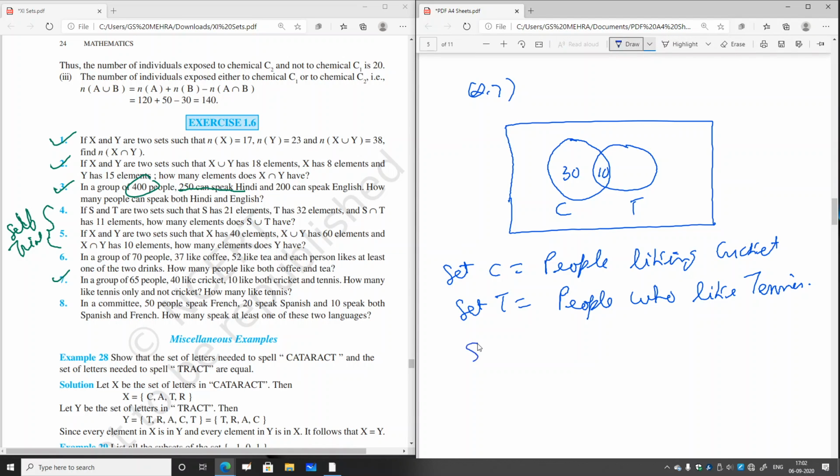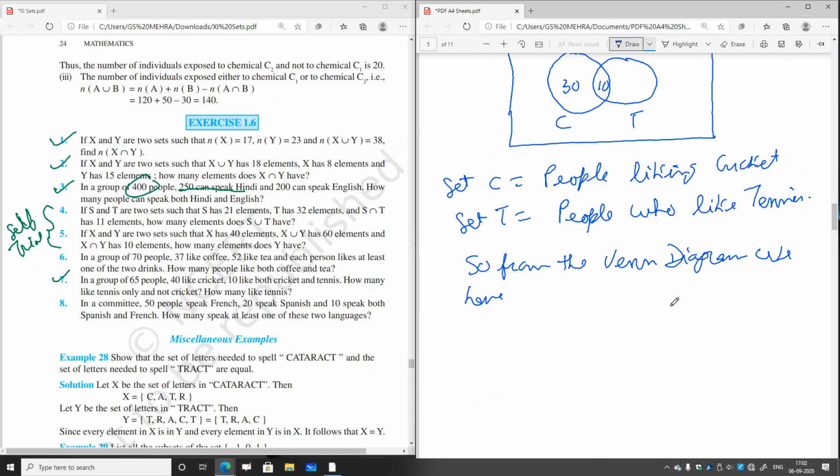So from the Venn diagram we have the number of elements in the union of C and T, that is n of C union T equals, what is this portion where 30 is there, that is n of C minus T, plus what is this portion where 10 is there, that is n of C intersection T, and remaining will be plus n of this portion, T minus C. What is n of C union T?